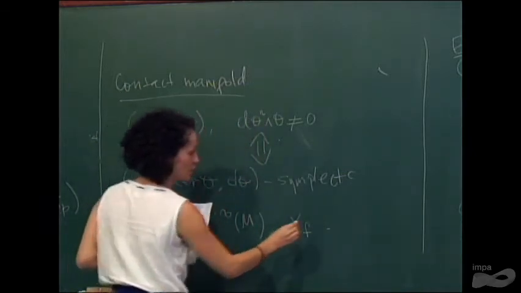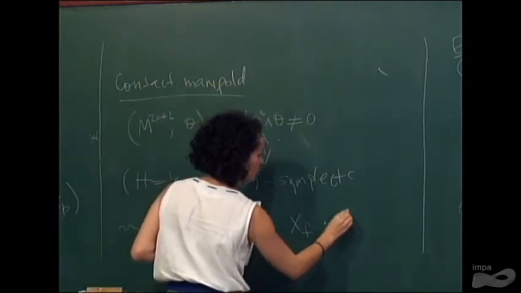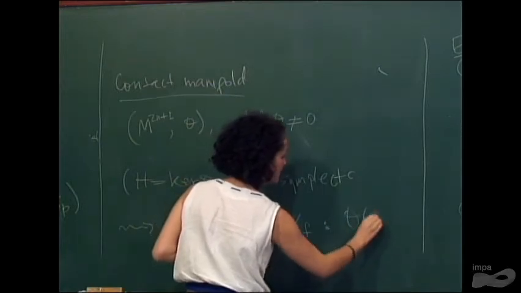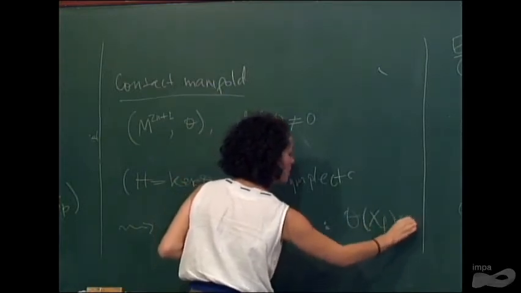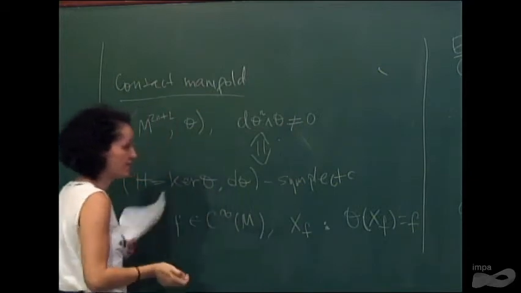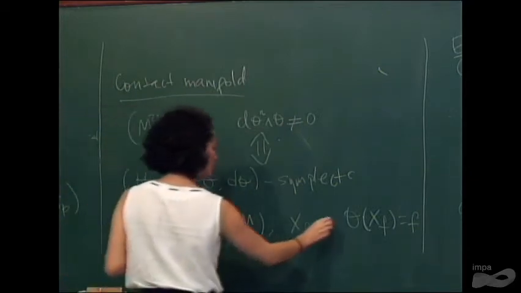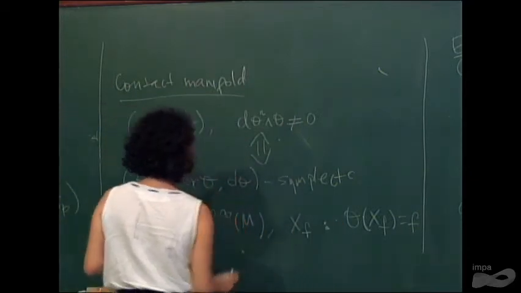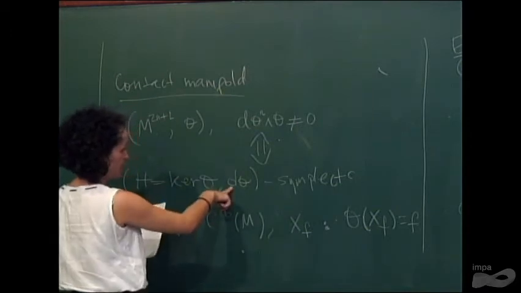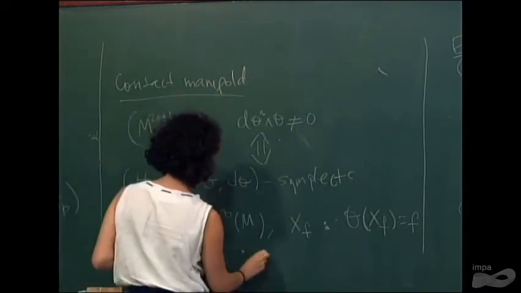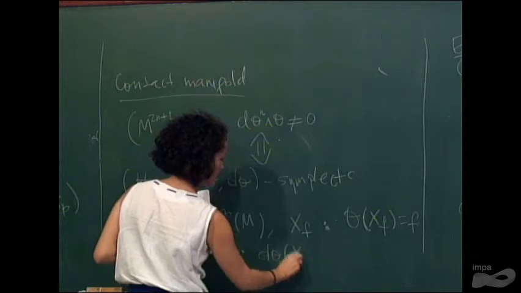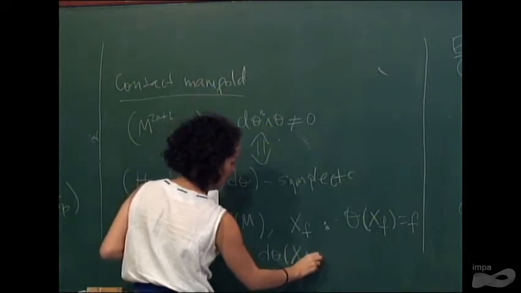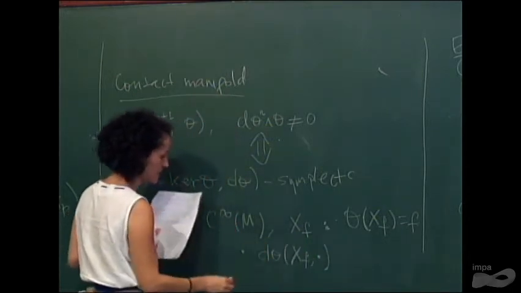So this is the unique vector that satisfies two conditions: that when you apply theta to the vector, it's actually the function. And the second condition is one coming from the differential of theta, which says that d theta of X_f, and here, so this is a one form, right?